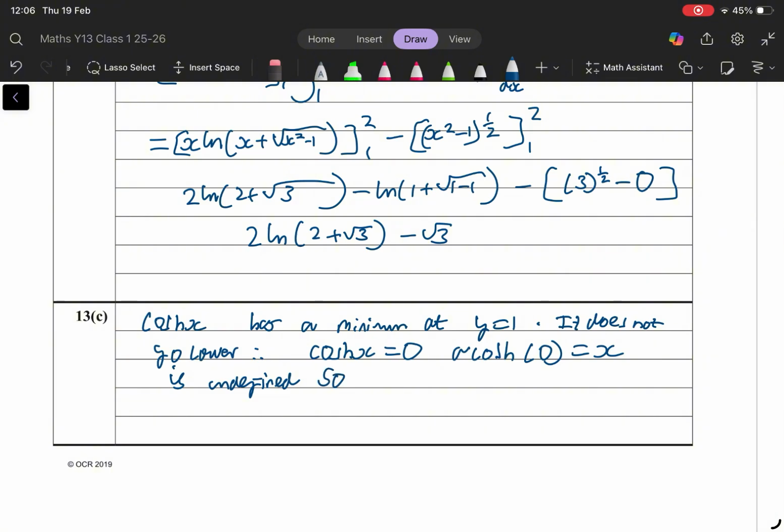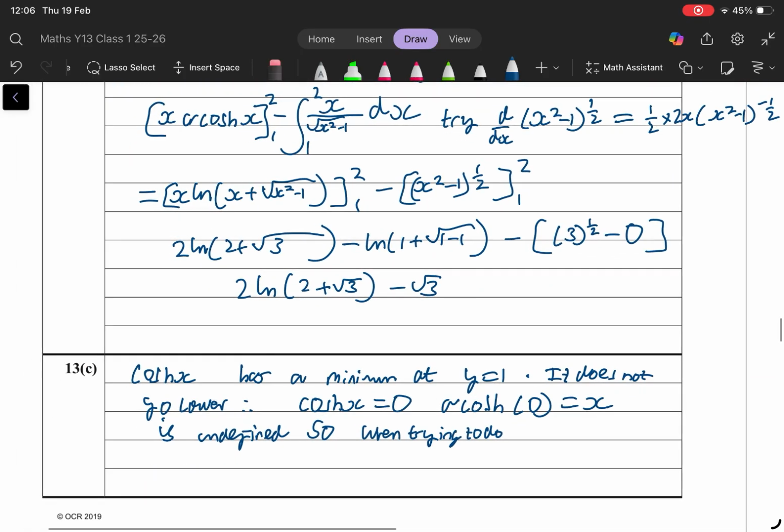So when trying to do the integral, the bounds will not allow for an answer.